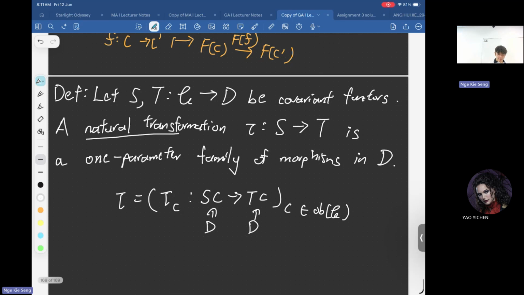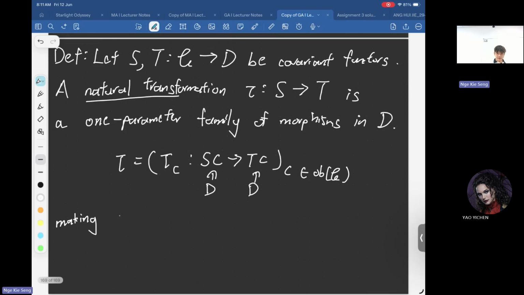Then there's another property that this natural transformation has to satisfy, sometimes called naturality. That is, let's say I have a map from C to C prime.